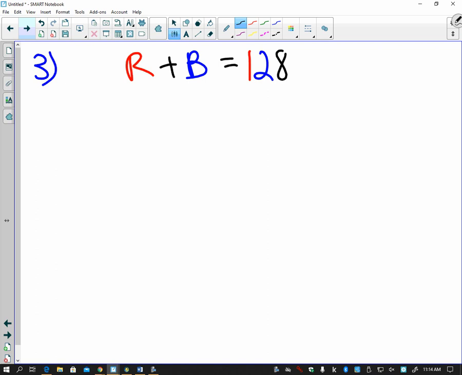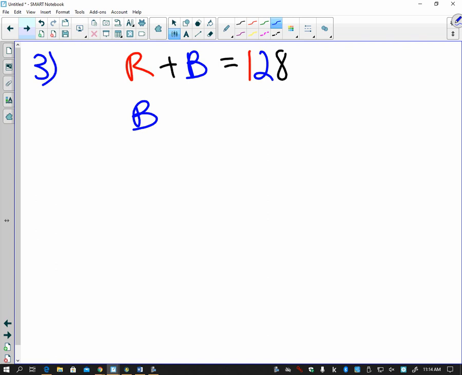If the number of blue cars exceeds something by a certain amount. How much does it exceed by? It exceeds 3 times the number of reds by an amount. By 4, which means it's an imbalanced equation.